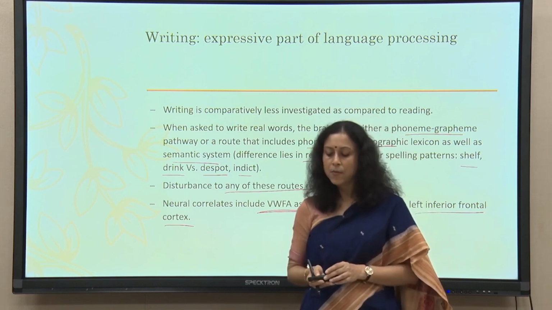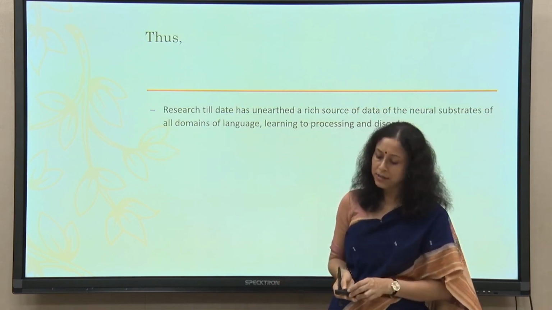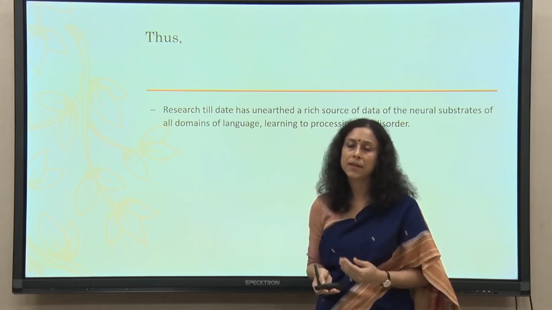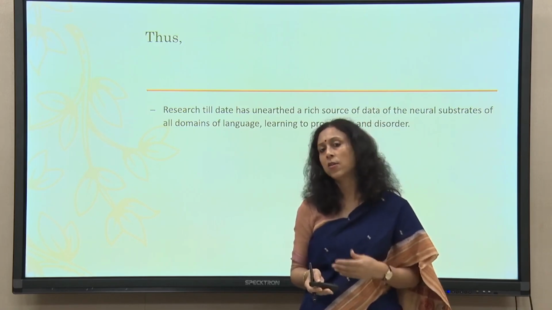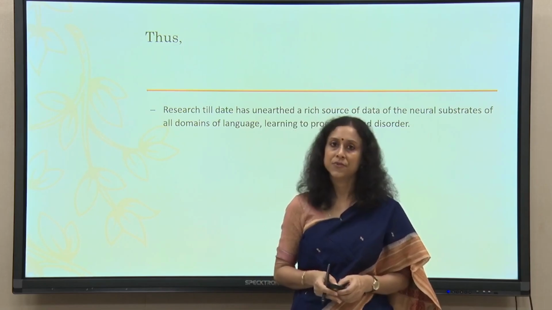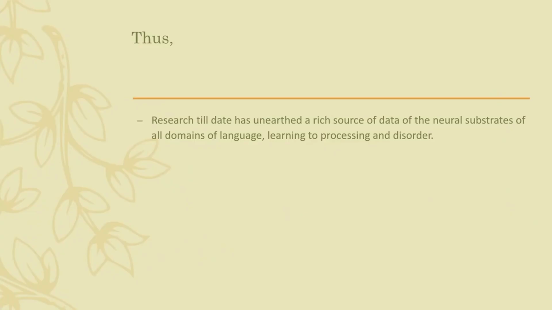That puts firmly in place the idea that all types of language functions, whether in the domain of learning, processing or disorder, take us back to the neural substrates. So, there is a very close connection between language and the human brain.